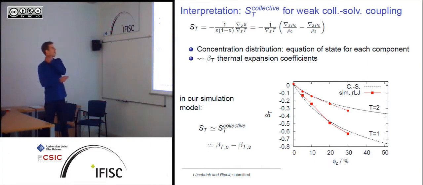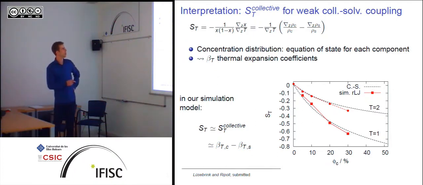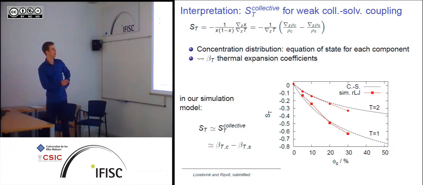So our interpretation of these results is that if you express the Fourier coefficient, which is basically proportional to the gradient of concentration, you can also express it by the gradient of the individual density of the particles.